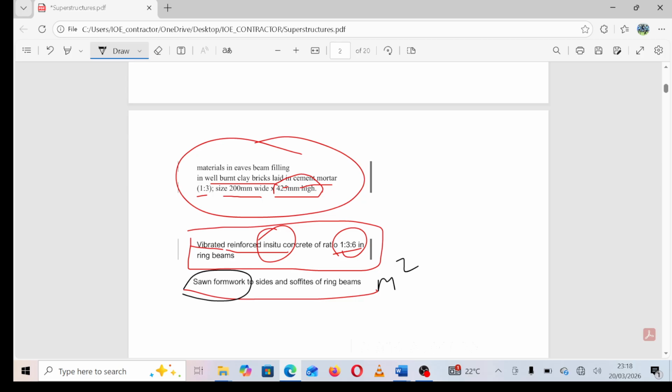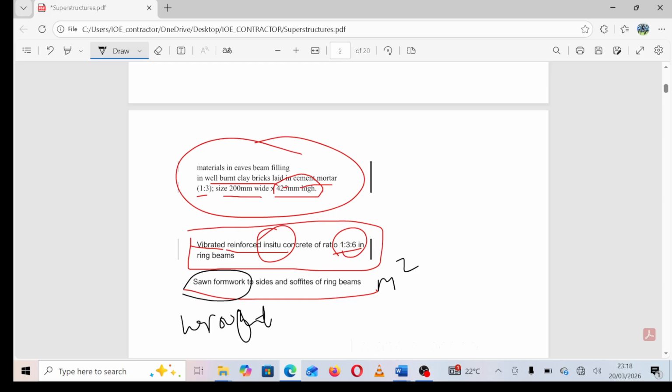When you're done casting, it's usually rough, and that rough surface is usually treated by making it good with some finishes, unlike wrought formwork. Wrought formwork is when you're using marine boards, and they usually give you a smooth finish. So here we said sawn formwork to the side.